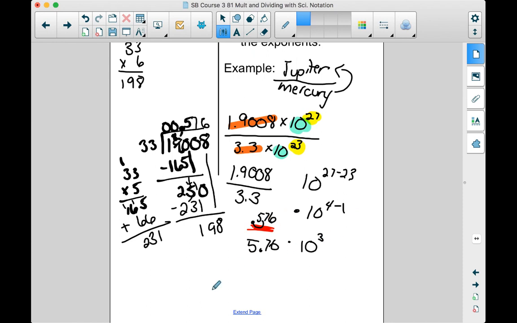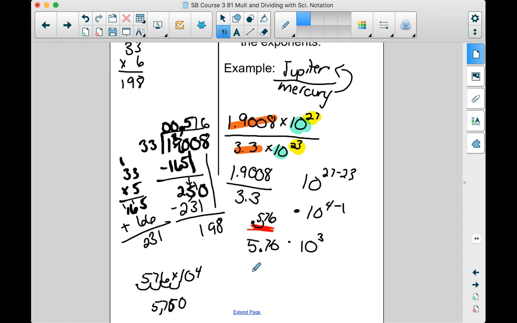If we bring this out in standard form, you can see it a little bit more clearly. If I move it 4 place values, 1, 2, 3, 4, my standard form number is 5,760.